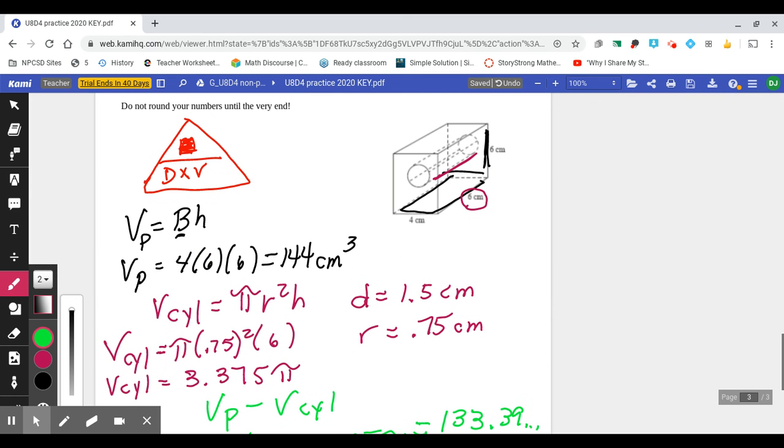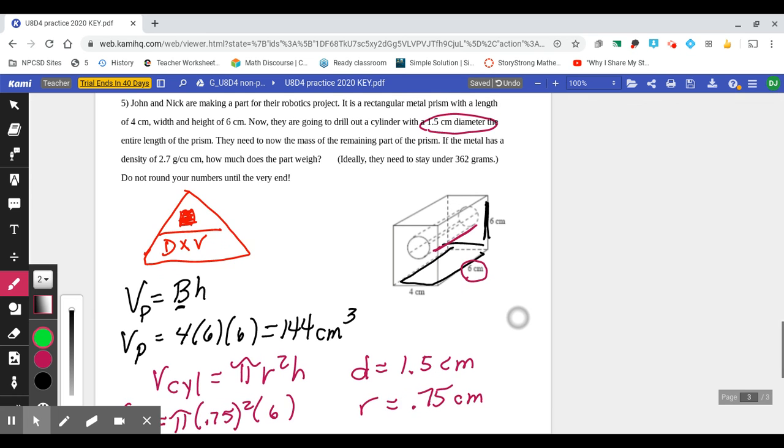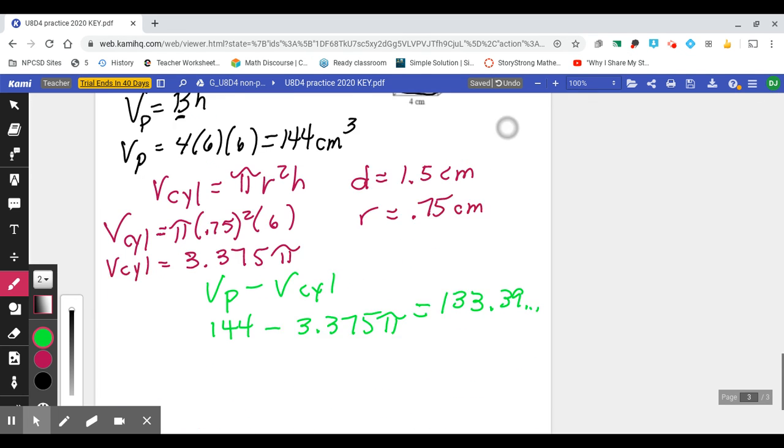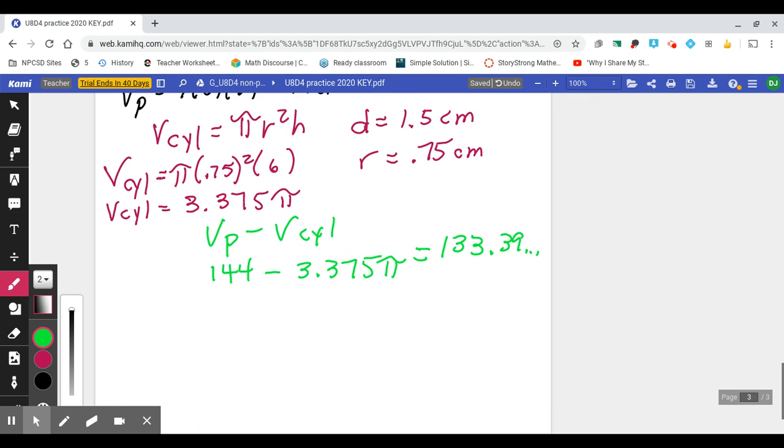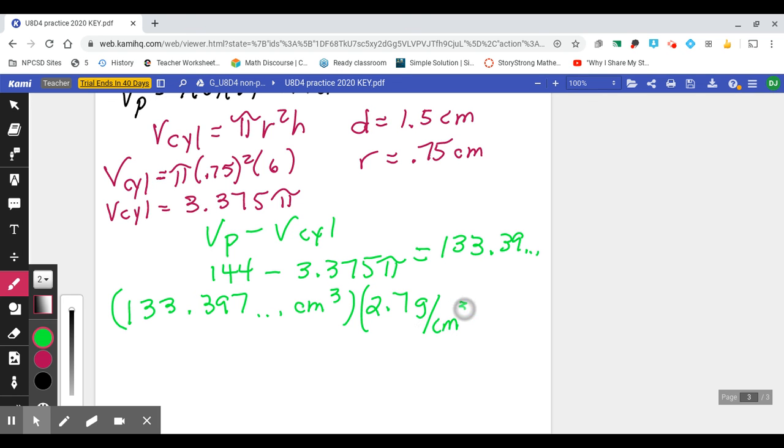Okay, and now we have the volume, right? But we have to multiply that by the density. And notice the density is 2.7 grams per cubic centimeter. Okay, so if my volume is 133.397 dot dot dot, and this is my cubic centimeters, I'm now going to multiply that by 2.7 grams per cubic centimeter.